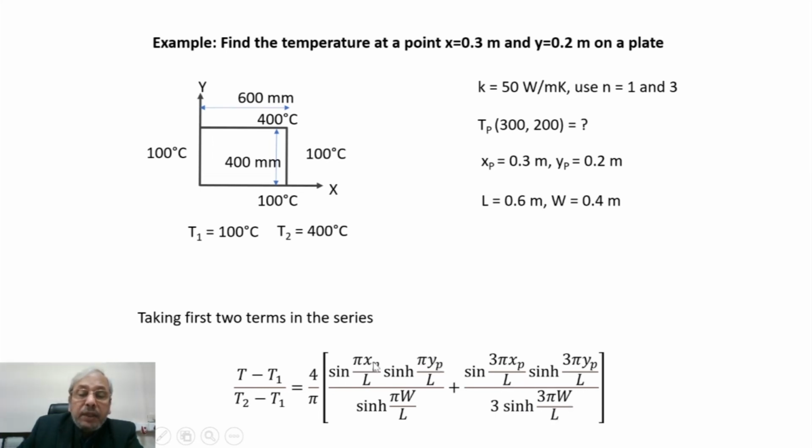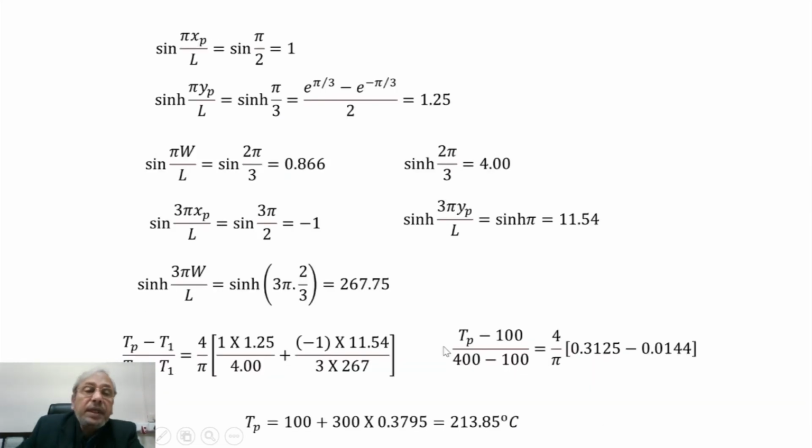And that means every quantity has to be evaluated, which we have done. Sin(pi xp by L), which is sin(pi by 2), equal to 1. Sinh(pi yp by L) equal to sinh(pi by 3), which is equal to 1.25.